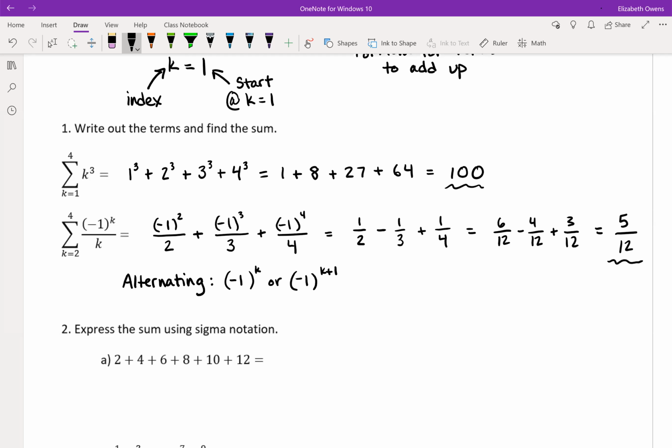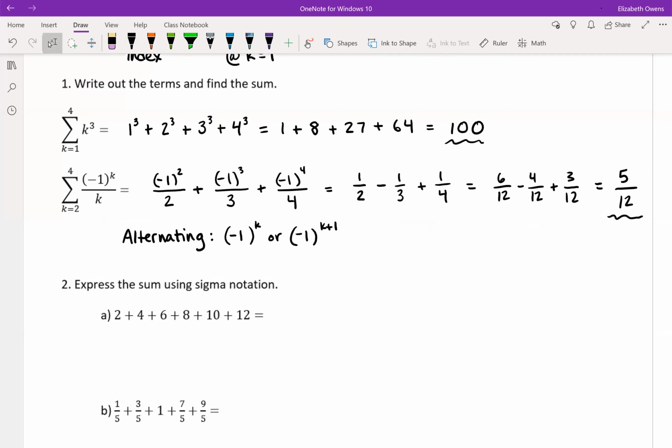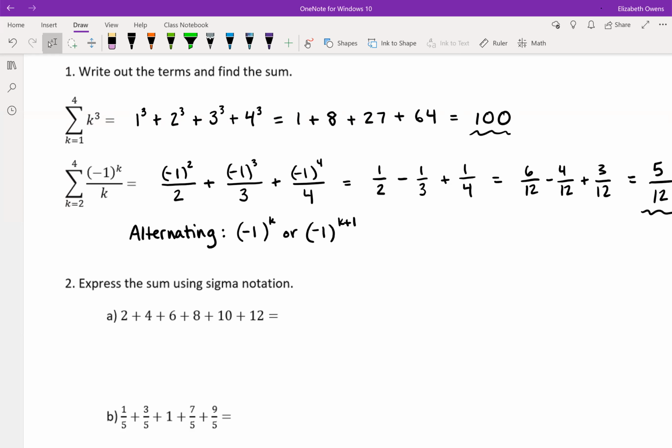So you'll want to see what starting index you want to work with. And you'll kind of work along with this example as we're going through it here. So decide what index you want to start with. It might vary, but I'm going to go with the classic k equals 1 here.